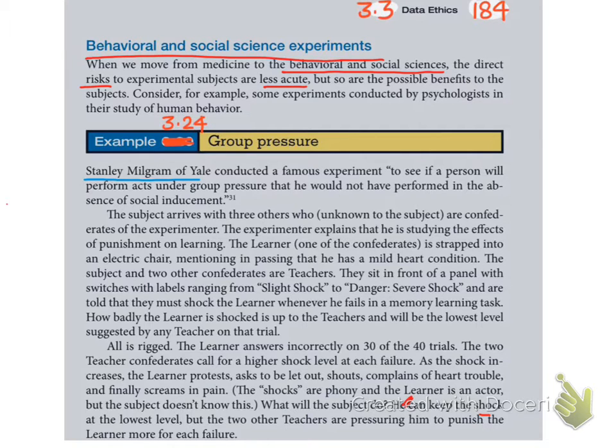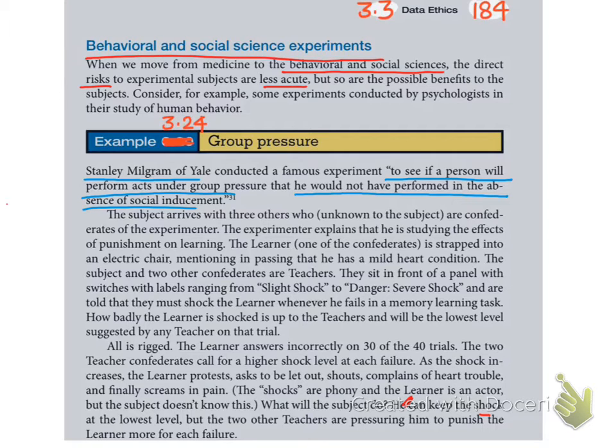The social psychologist Stanley researched the effect of authority on obedience, and he concluded people obey either out of fear or out of a desire to appear cooperative, even when acting against their own better judgment and desire. His experiment is very controversial. It was basically to see if a person will perform acts under group pressure that he would not have performed in the absence of social inducement.